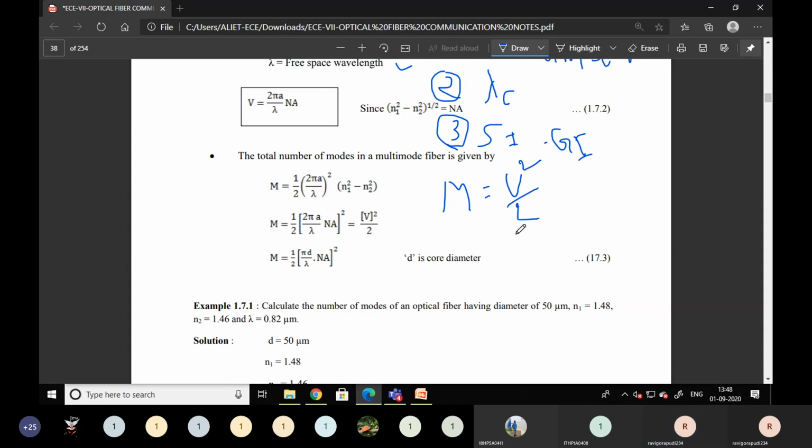And for graded index fiber, what is the M value? M is equal to alpha by alpha plus 2 into V square by 2. This we already discussed. V is the V number. And what is alpha here?